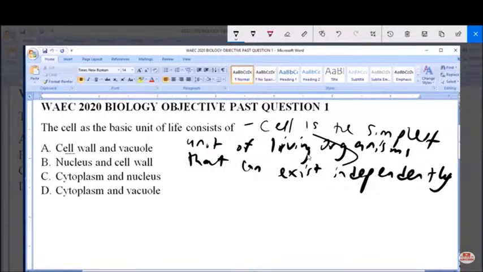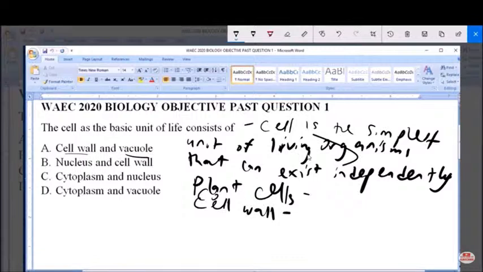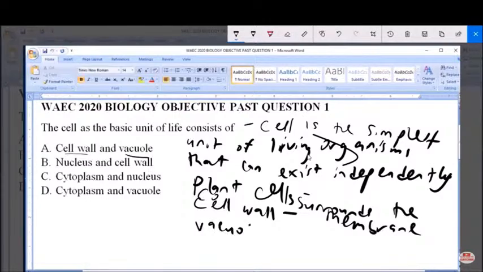The cell wall and vacuole are mainly seen in plant cells, and the cell wall basically surrounds the membrane and provides structural integrity for the cell, while the vacuole contains many substances such as excretory substances and enzymes.